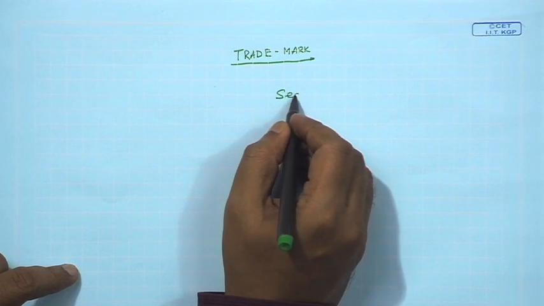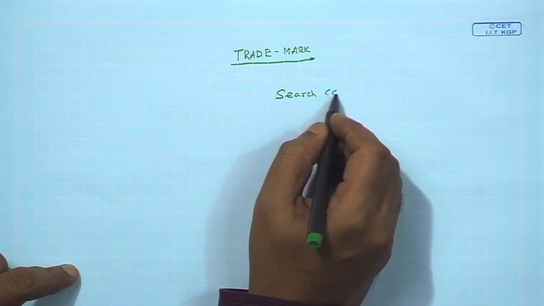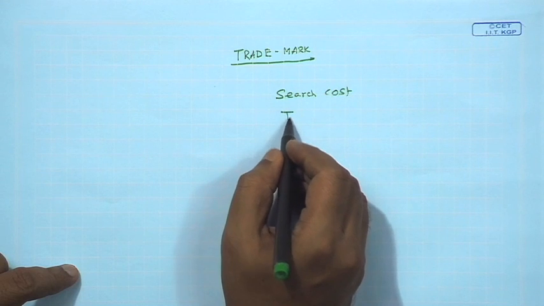See, if no trademark is available, then, as already referred when we discussed the theory of intellectual property rights, there is a term called search cost, and in the trademark or economic context a term called transaction cost. Okay, search cost and transaction cost.